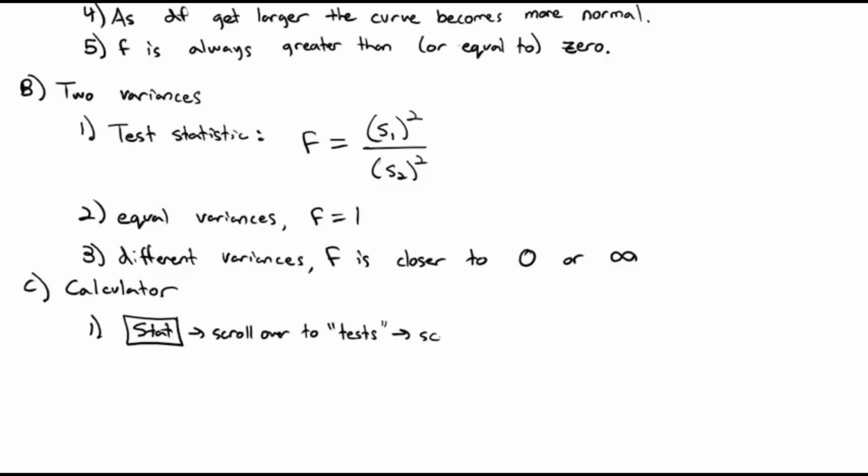Then you can scroll down to 2SampFTest. And that's where we can access the 2-sample F test for comparing our variances. Then to actually enter in our data, you want to make sure that Stats is highlighted.